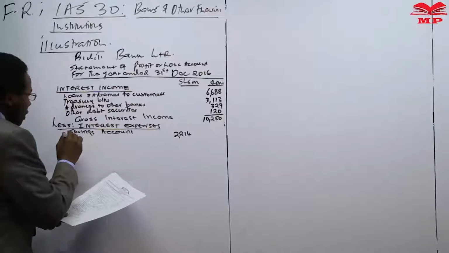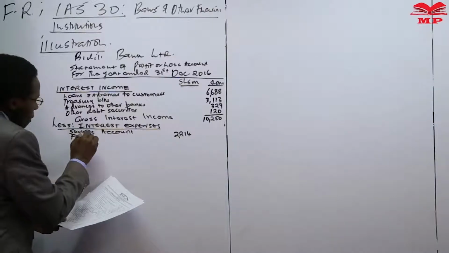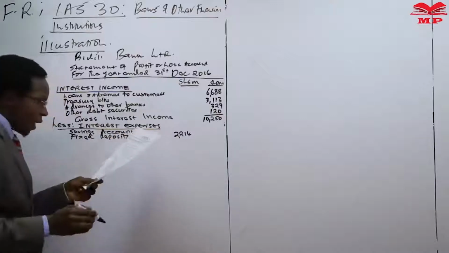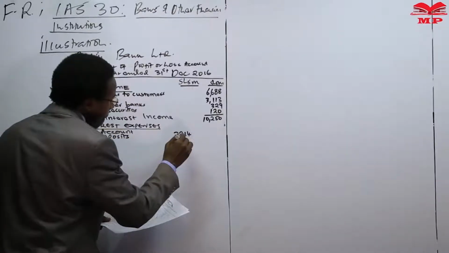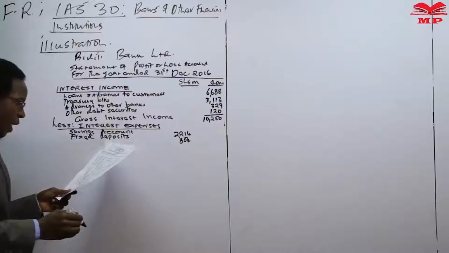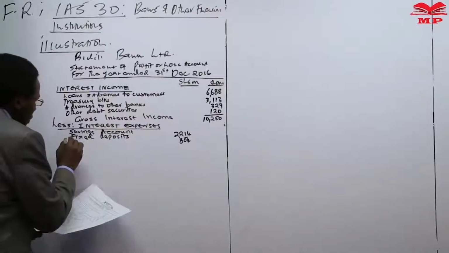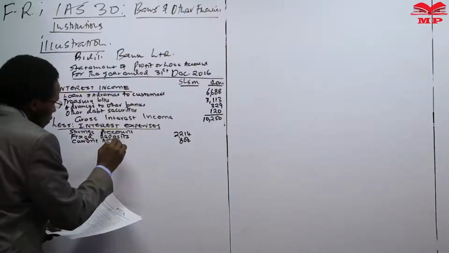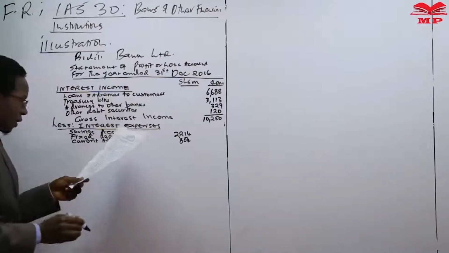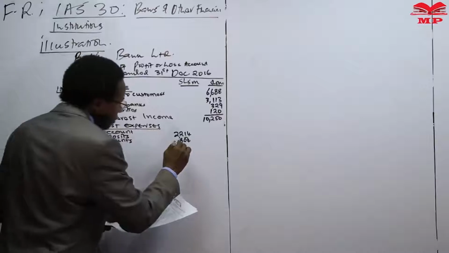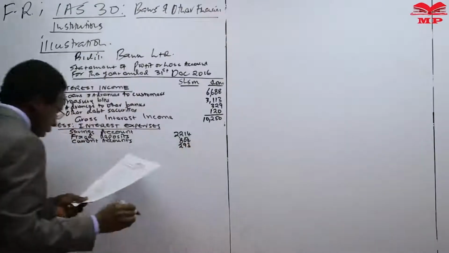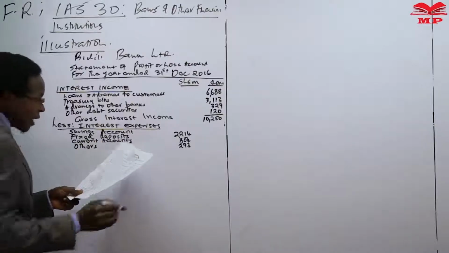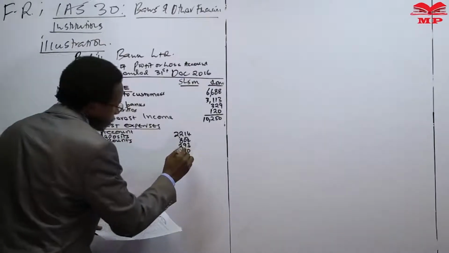There is on fixed deposits. That comes to 804. There is current accounts, 293. There is also others. Others is 180.